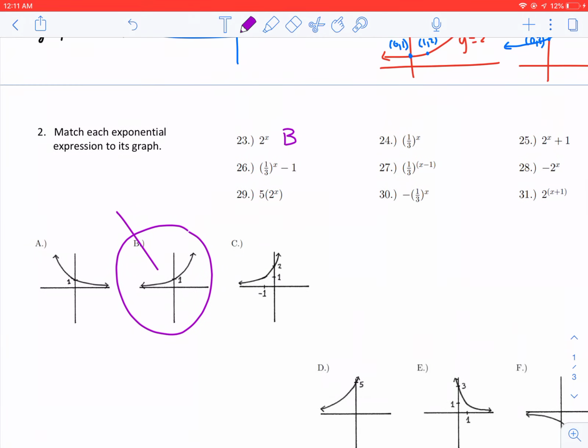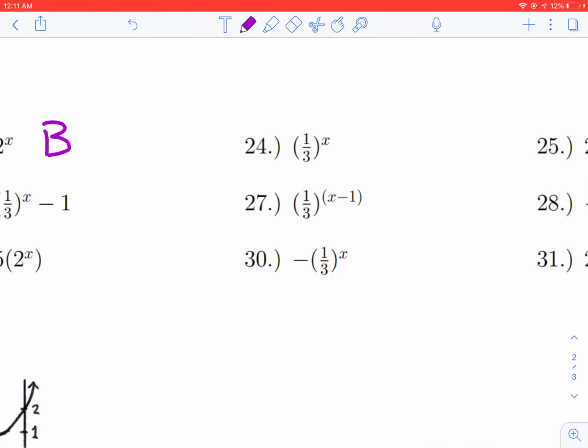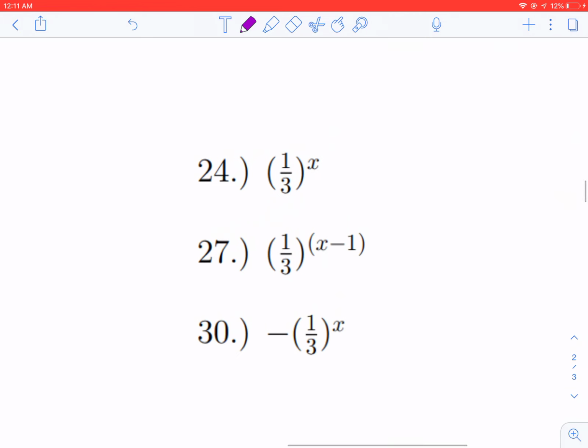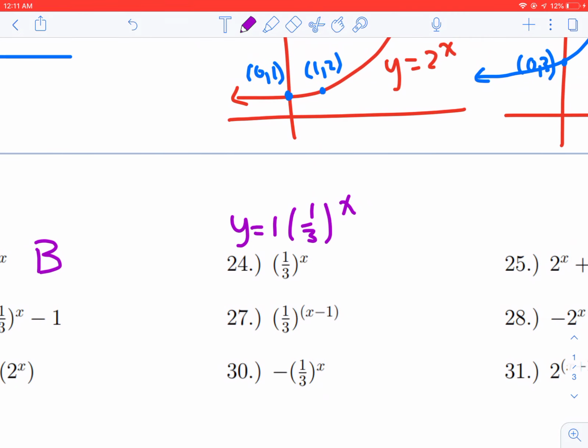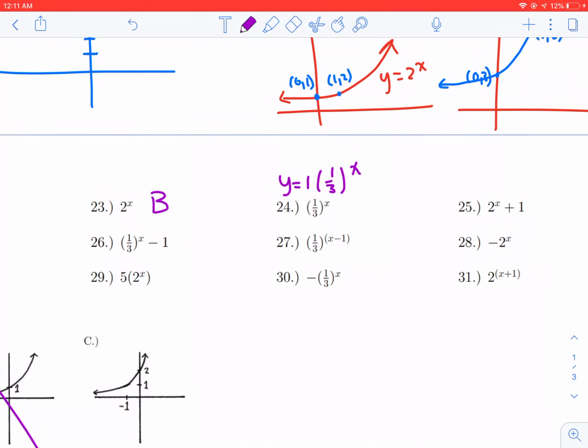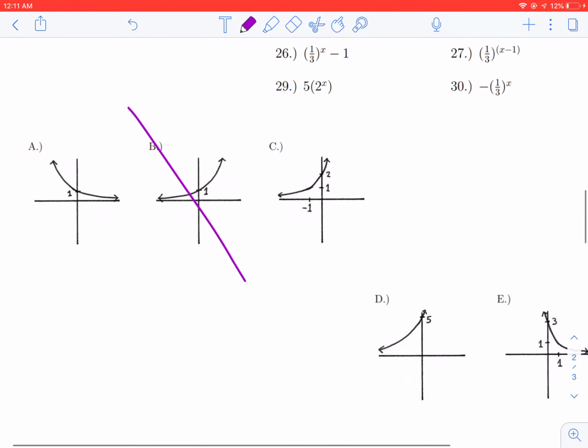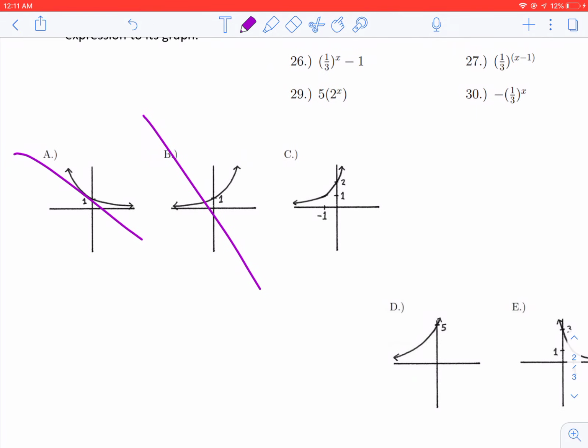Yes, it is. So, done with B. All right, 24. That looks like y equals 1 times 1/3 to the x power. So the y-intercept of this one is also 1. And it's going to be decreasing, so that is choice A.